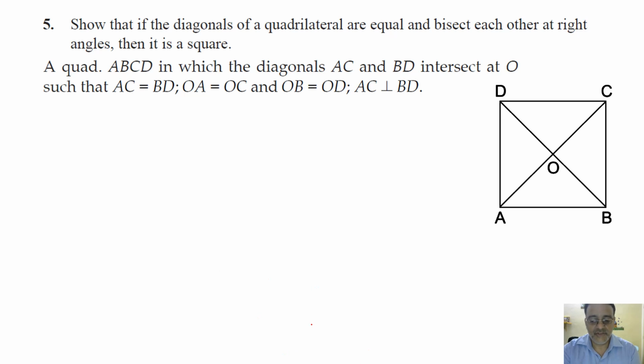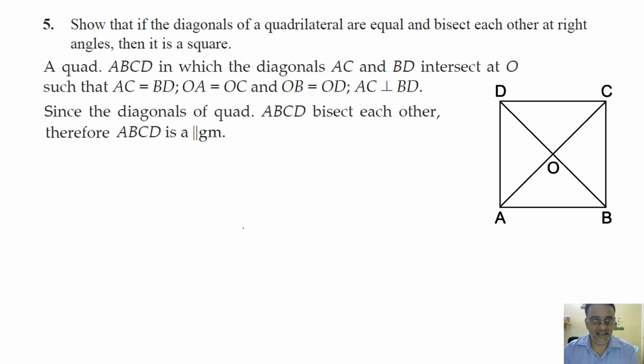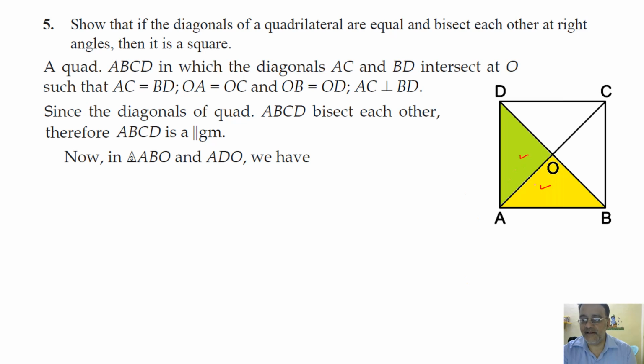Yes, sir. Okay. So since the diagonals of quadrilateral ABCD bisect each other, therefore ABCD is a parallelogram. So first part over. Now for second part, we will prove these two triangles congruent. ये दोनों triangles को, ठीक है? Green और yellow. कैसे प्रूफ करेंगे देखो, OB is equal to OD given, and OA is equal to OA common and these two angles are equal.